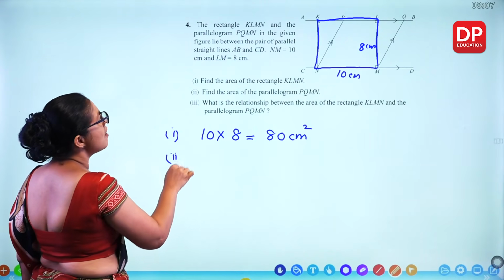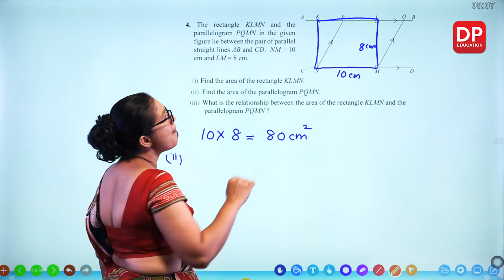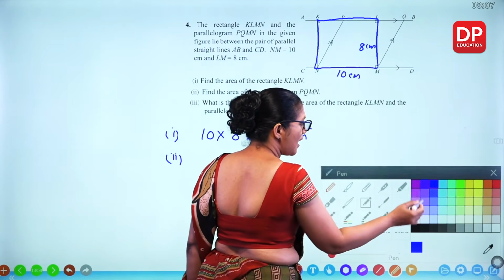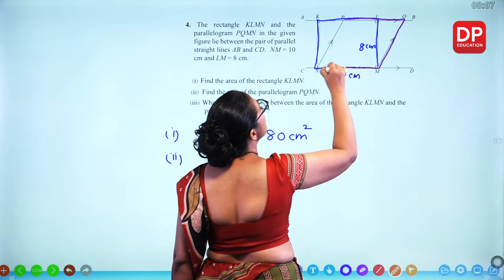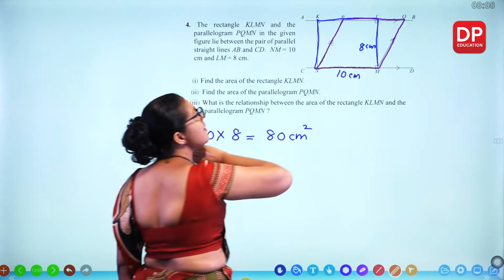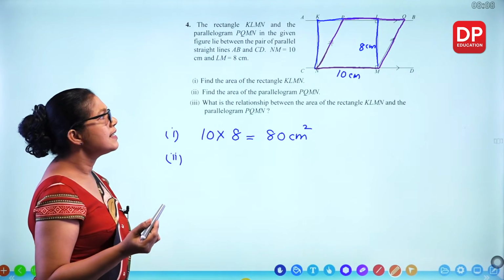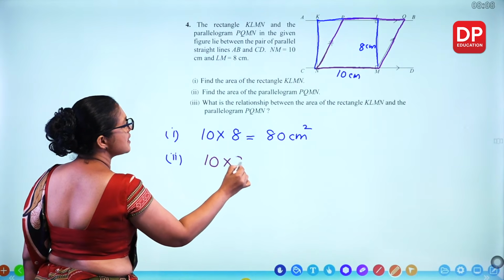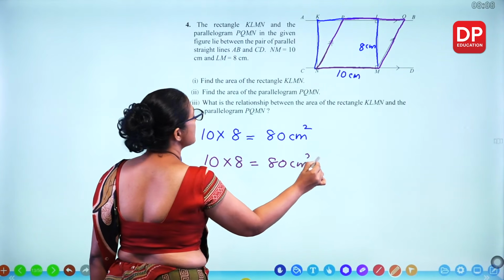Second part, find the area of the parallelogram PQMN. PQMN, this area. I'll take another color. Now you are asked to find out this area. What's the area? You get the same base and same perpendicular height. 10 times 8, 80 square centimeters.